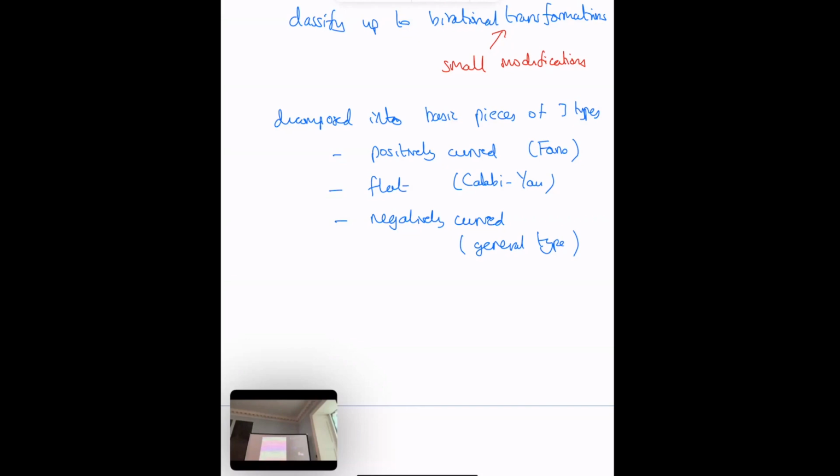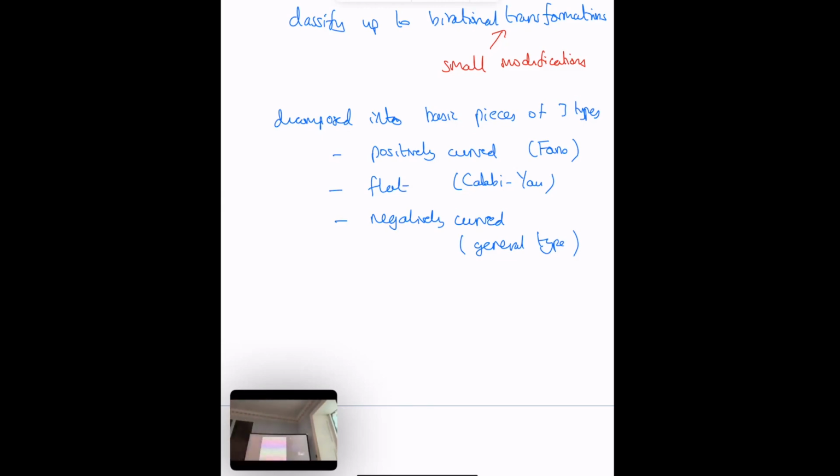I'm not going to explain what a fibration is; if you know, that's great. But the general idea is that decomposing into basic pieces is weaving from simpler pieces, as fibers of fiber bundles.